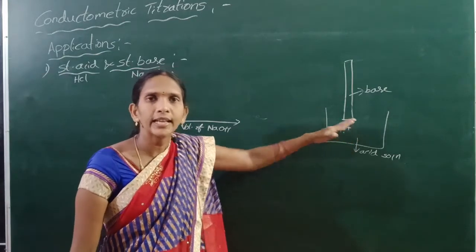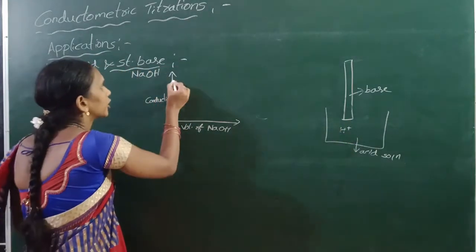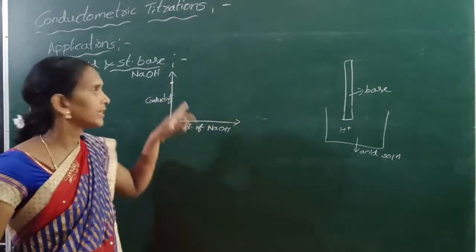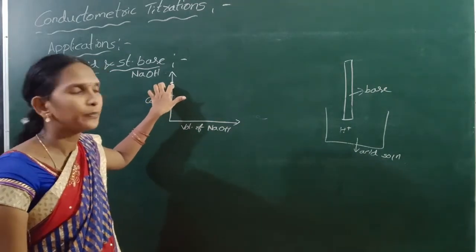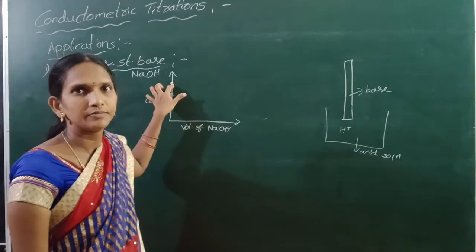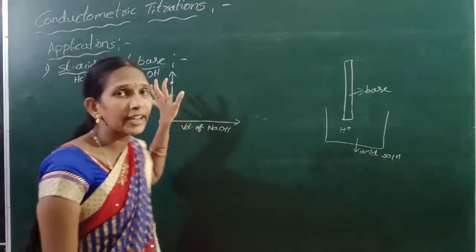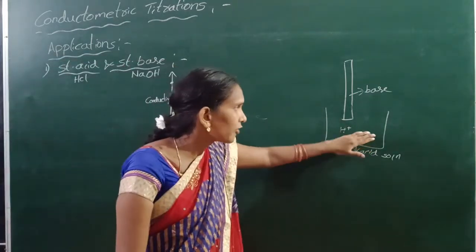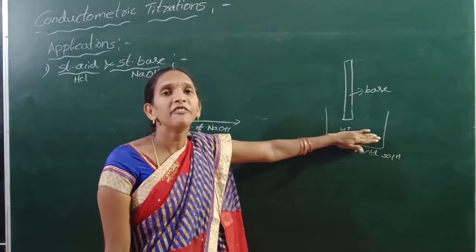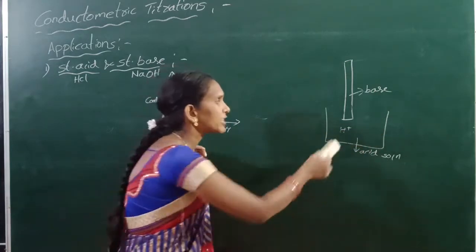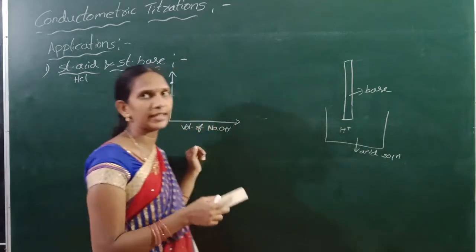Without base, that is very high. The conductivity of HCl solution is initially very high. Why? Because the fast moving H plus ions are present.